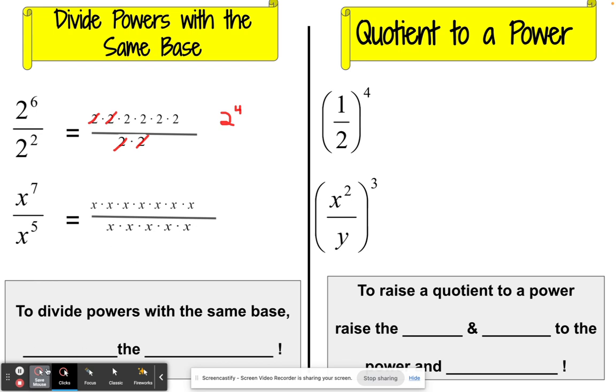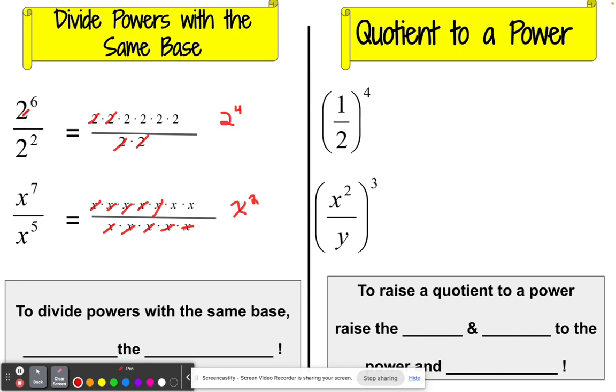Okay, again, we can cancel out some of these x's because x divided by x is 1. And as you can see, I'm just left with 2 x's on top, or x to the 2nd power.